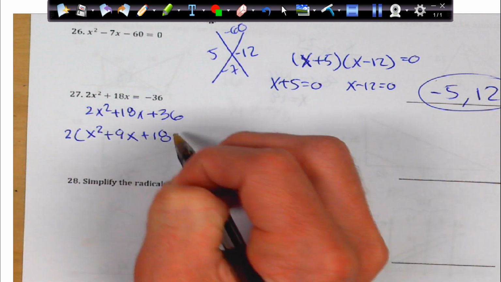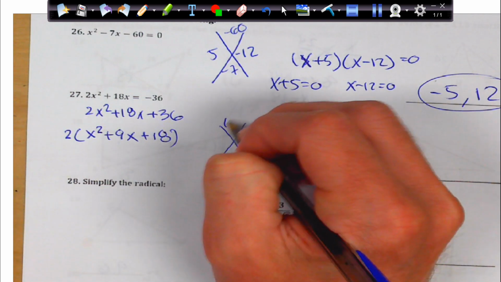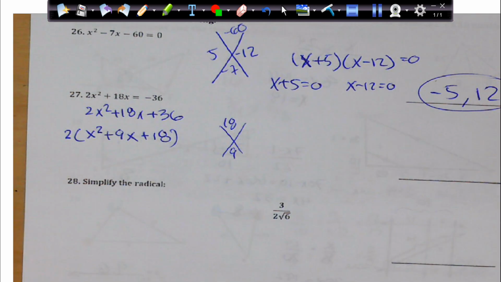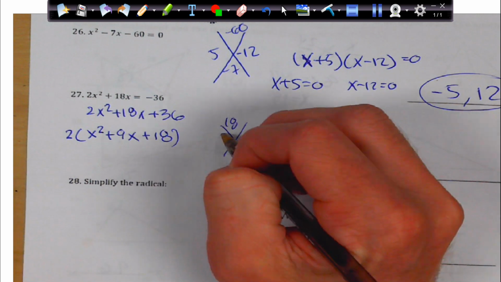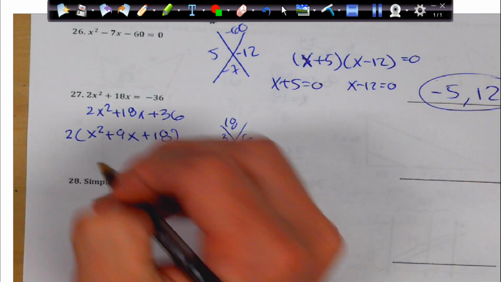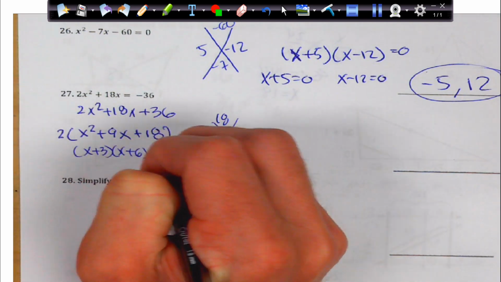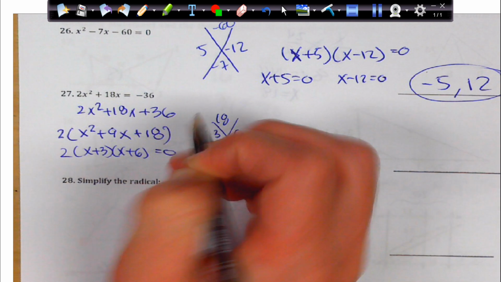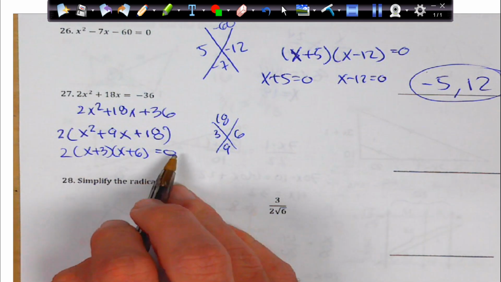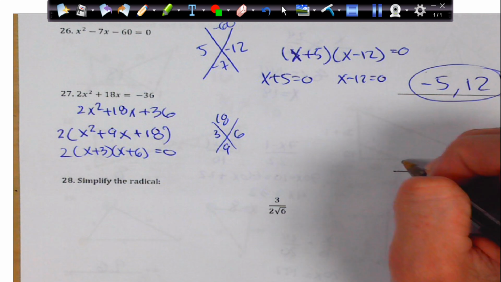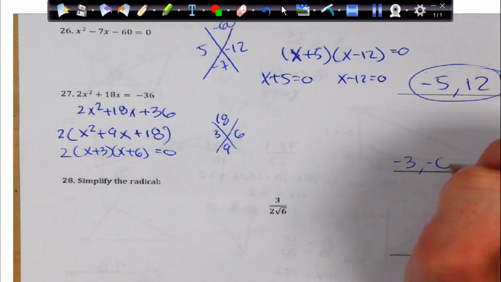So I'm going to divide by 2, and then I'm going to go ahead and multiply to 18, what gives me 9. What two numbers multiply to 18, but add to 9? I'm thinking 6 and 3 right there. So we get x plus 3 and x plus 6 with a 2 over here and a 0. The 2 is kind of arbitrary because I could divide the 2 out and it would just kind of disappear. So I just really set these equal to 0 again, which is going to give me the opposite values.